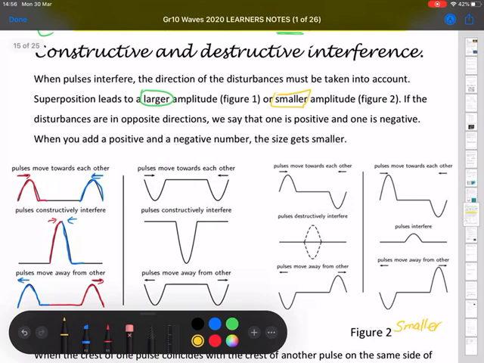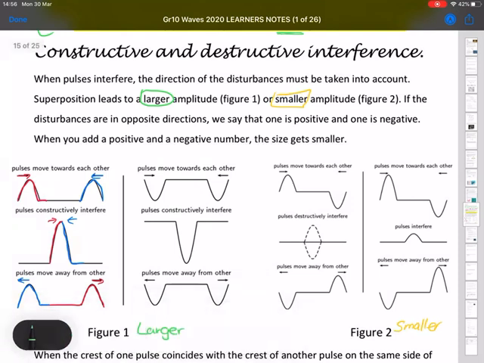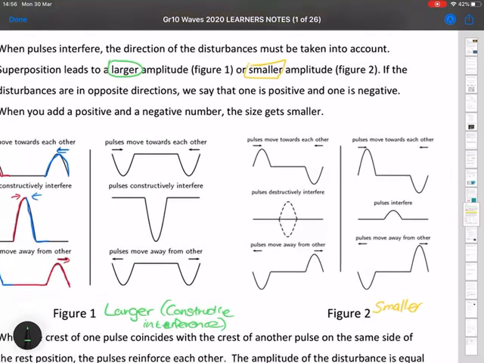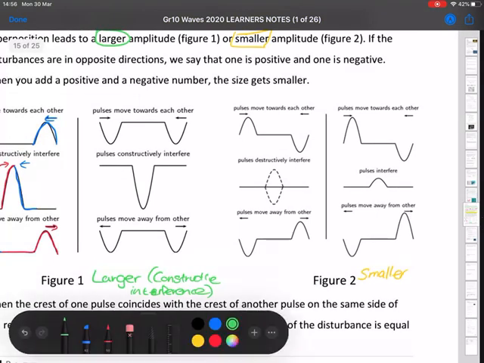So the larger amplitude we say is constructive interference. Construct means to build up, make bigger. Whereas to make a smaller amplitude, you have to have destructive interference.